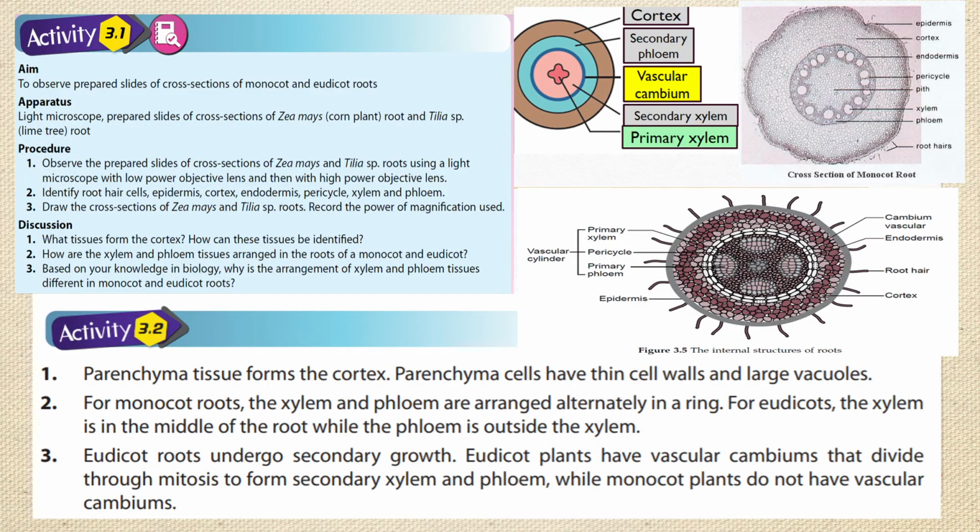Okay, let's move on. This experiment says to observe prepared slides of cross sections of the monocot and the eudicot roots.